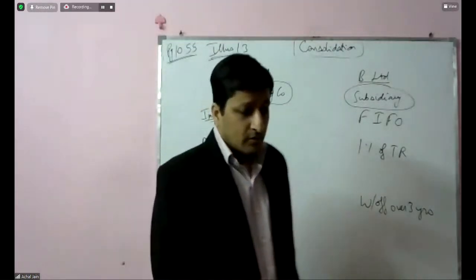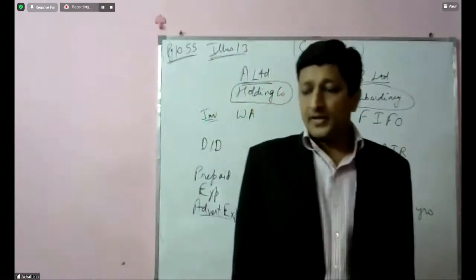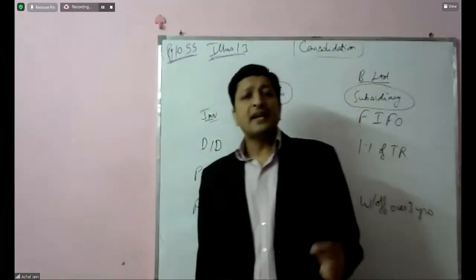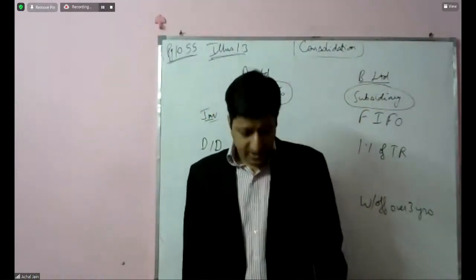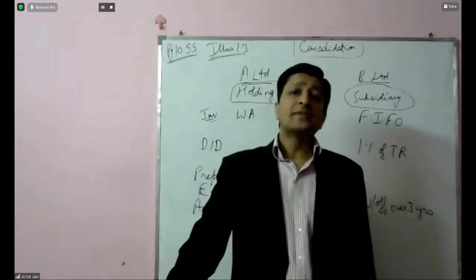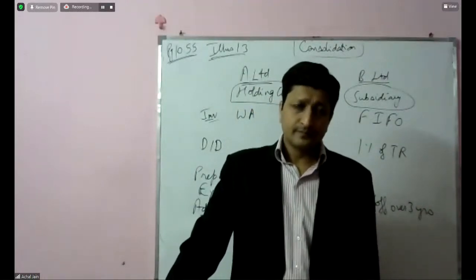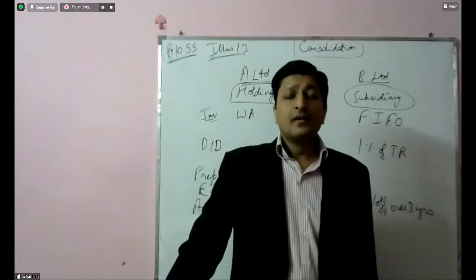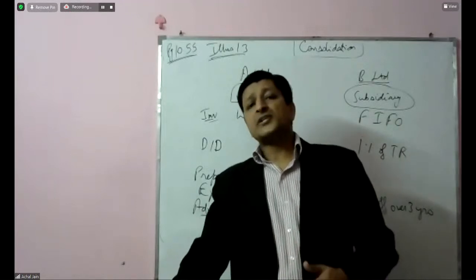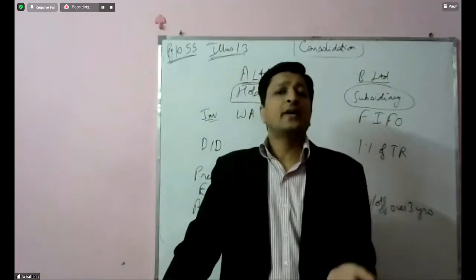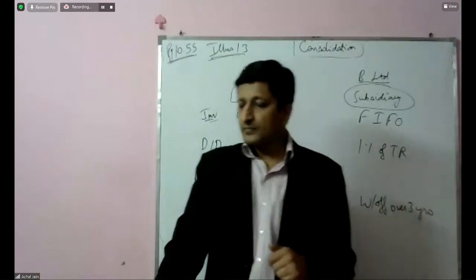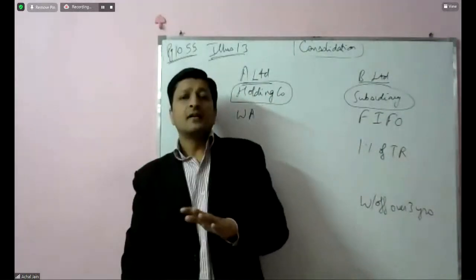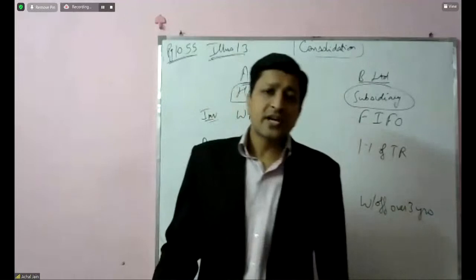Now, please remember one point, that whenever it comes to the financial statements, two types of situations are possible. One, when the standalone financial statements are required to be corrected. Over here, we don't need to get into standalone financial statements.